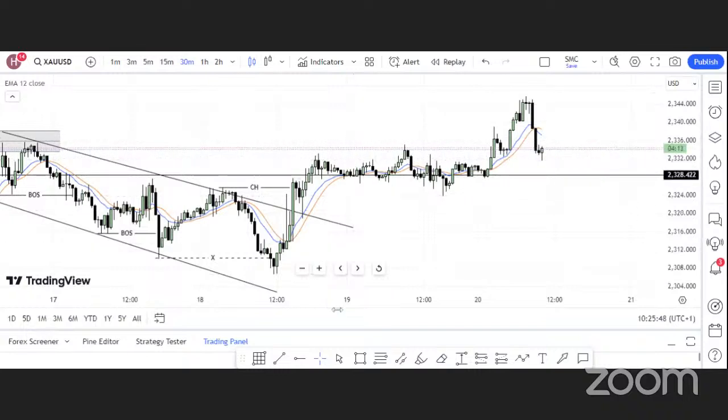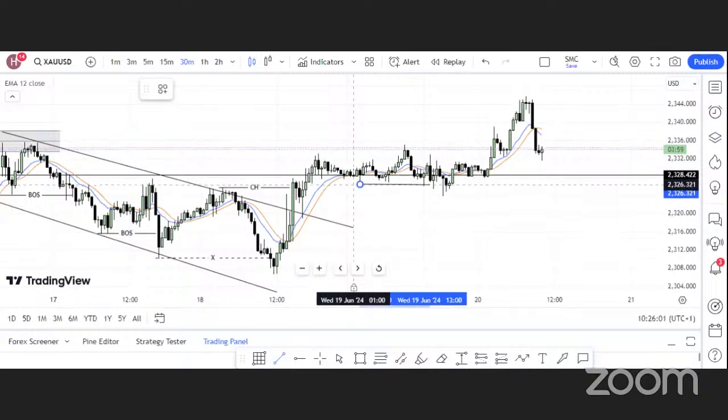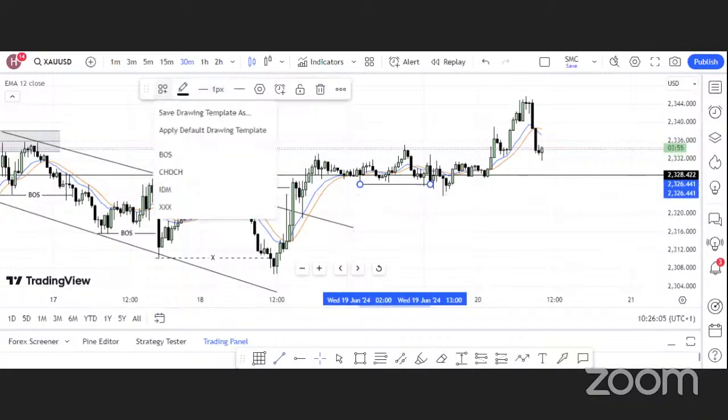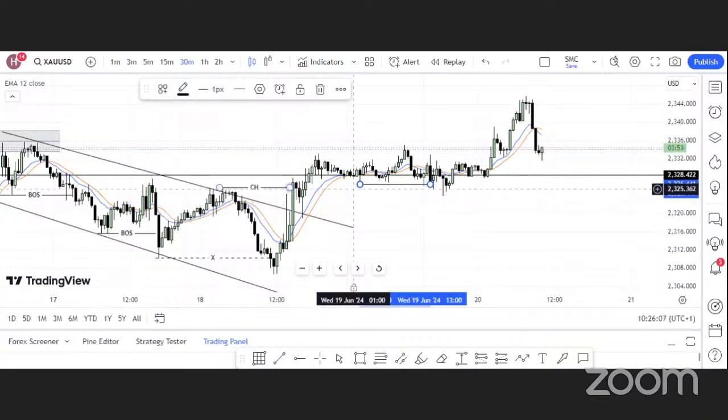So on this trend continuation now, we want to see if the market had violated any rule of the trend. And yes, the market did violate a rule here because the market direction is uptrend. We don't expect the market to take out a low, right? But you see what happened here?